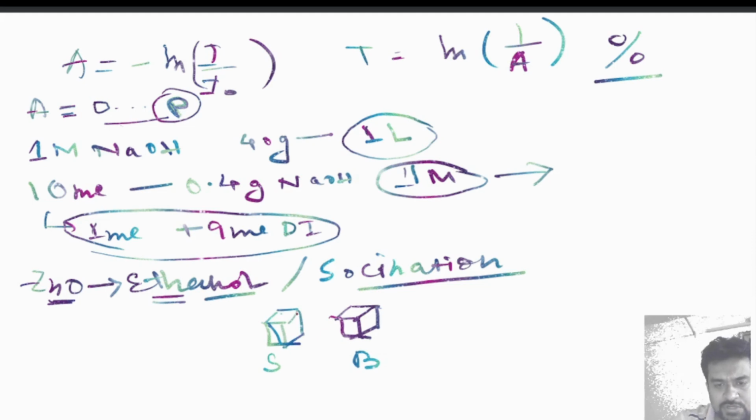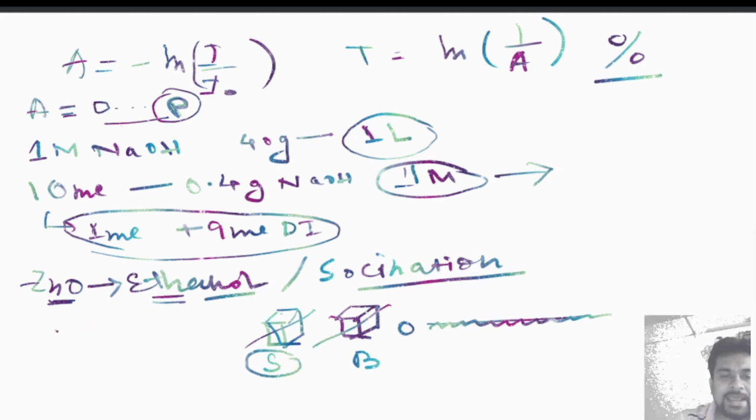So you just put ethanol in both these cuvettes and scan the spectrometer, and you will get absorption very near to zero, because in that way you can nullify the contribution of ethanol. And after the baseline correction, you can replace the sample cuvette with the actual sample, that is the germanium solution, and then measure the absorption.